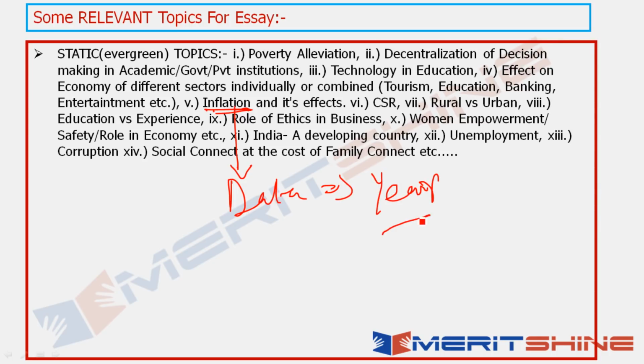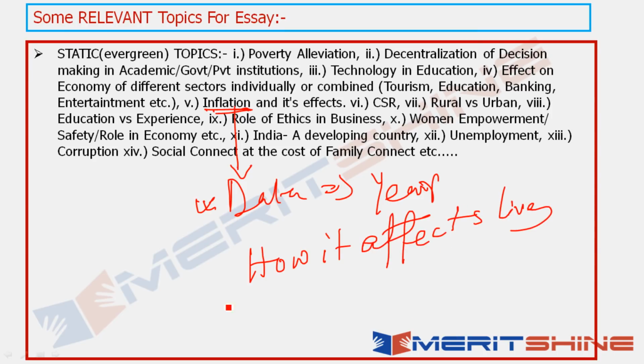What is more important than data here is how it affects lives, and what to do and what not to do. These are important. Don't run behind the quantitative part, run behind the qualitative part of data, right?